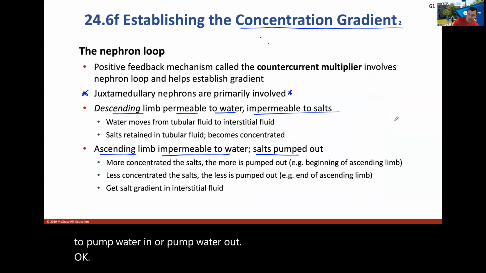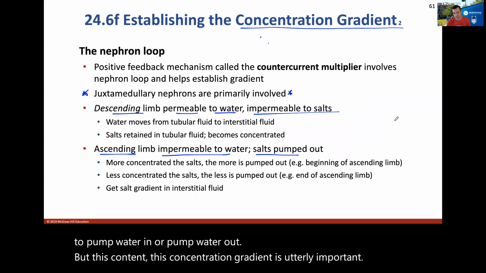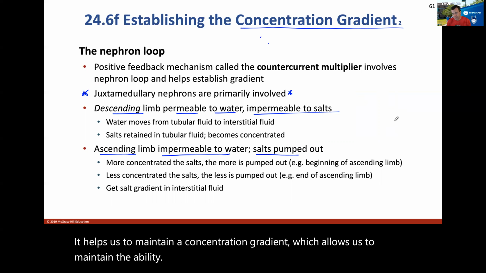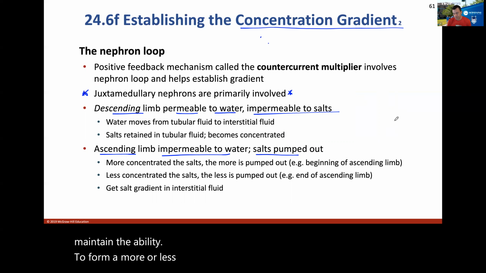But this concentration gradient is utterly important. It helps us to maintain a concentration gradient, which allows us to maintain the ability to form a more or less concentrated urine, to form a more or less copious amount of watery urine.